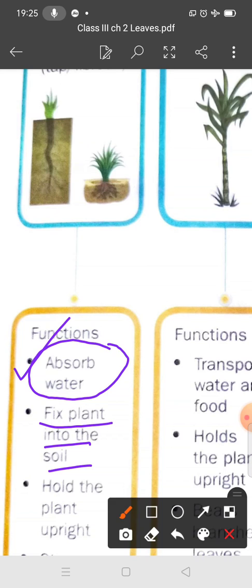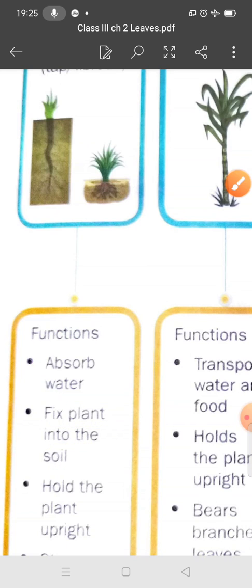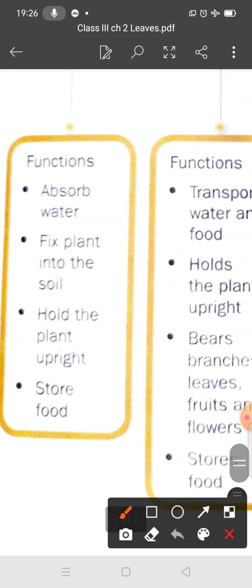And what are the other functions of the roots? They hold the plant upright, or you can say they hold the plant straight.